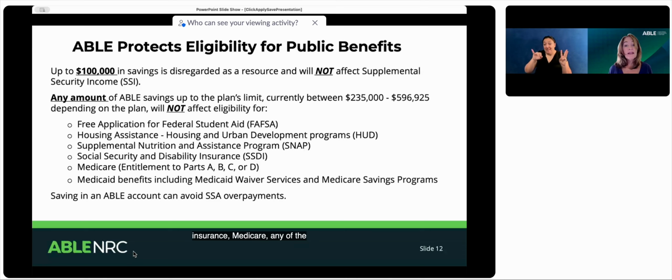So saving in an ABLE account can also avoid Social Security Administration overpayments. According to the SSA, being over asset limitations is one of the primary causes of overpayments. And even if you do not need public benefits now, an ABLE account can protect your eligibility for such supports should the need arise in the future.